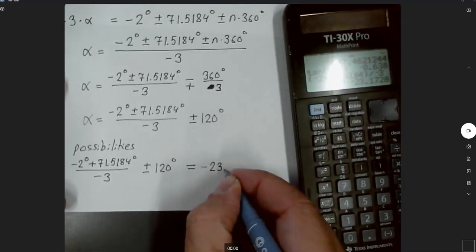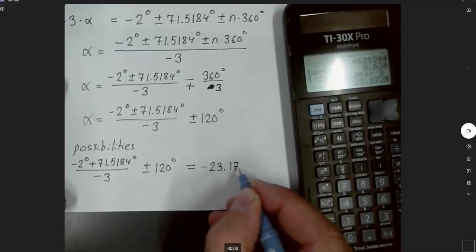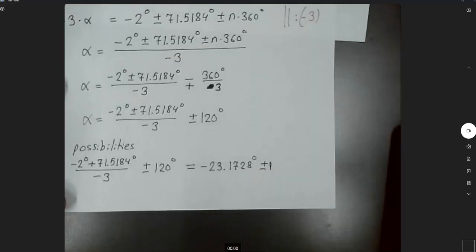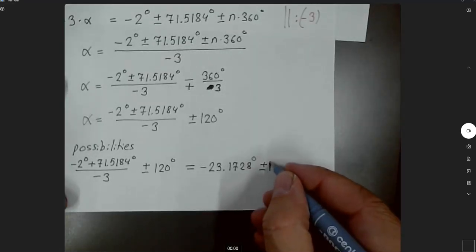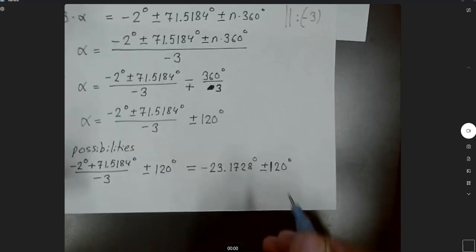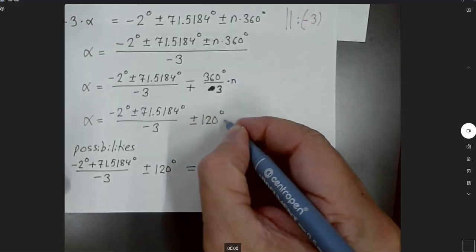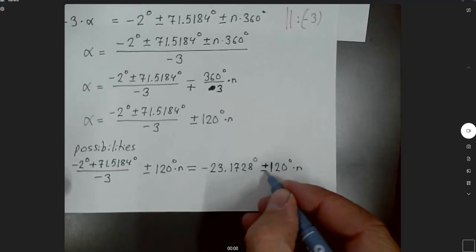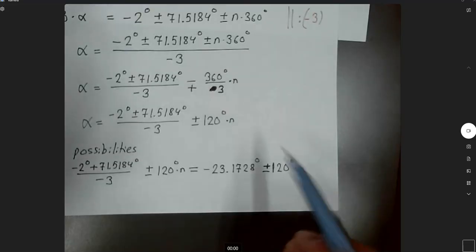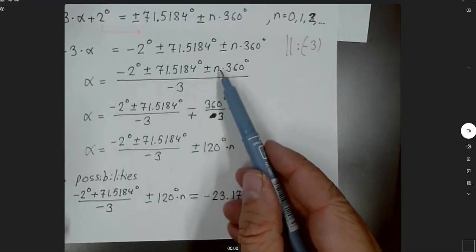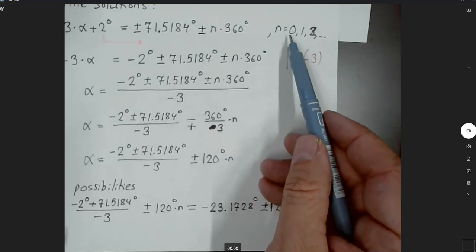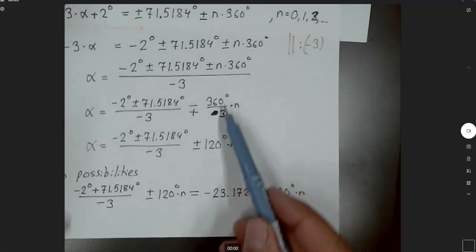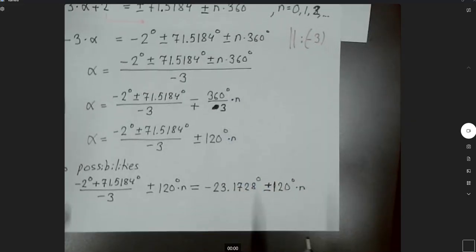Minus 23.1728 degrees plus minus, sorry, I have forgotten the n value there. Of course, you can't leave that away, because this n can be whatever integer. So I added those n's in the end there.